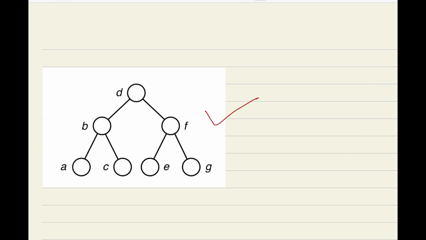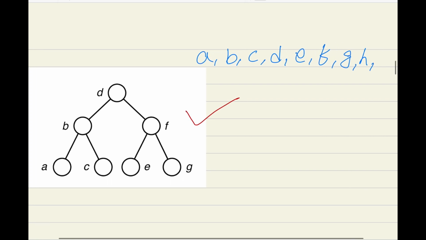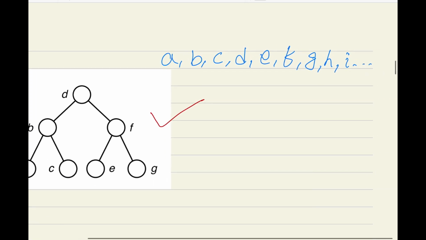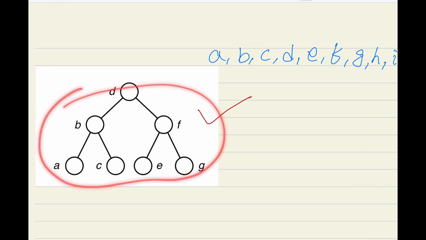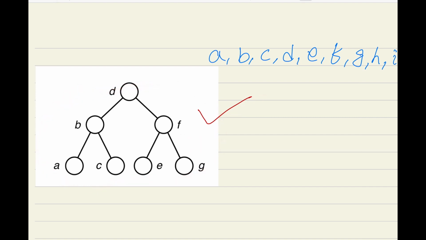The lexicographical or dictionary order is like this: first A, B, C, then D, then E, then F, then G, then H, then I, like this we can continue. So the value of A is minimum here, and then B, then C, then D, like this. So this is the dictionary order or lexicographical order. Following this order, this tree is also a binary search tree.